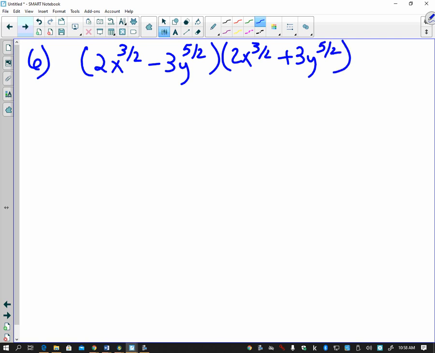What do we notice about those two things? It's a sum and difference. So I can just simply FOIL without the O and the I.